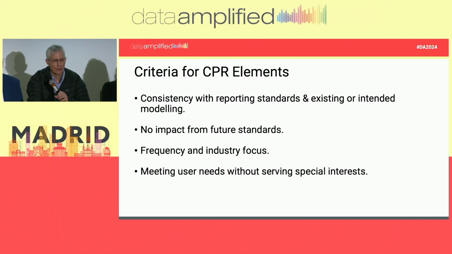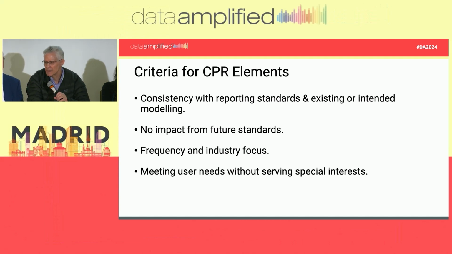I mentioned frequency a moment ago. You have to look at that in the context of any given industry. So if you've got an industry that's made up of just 12 companies, your threshold for including a common practice reporting element is much lower than if it's happening across several thousand companies.